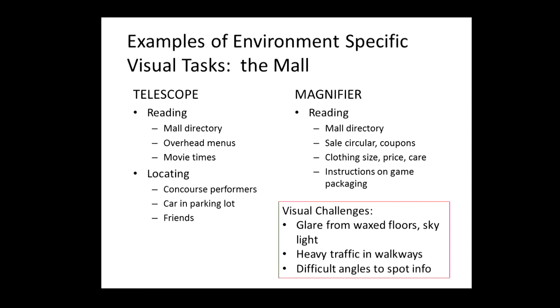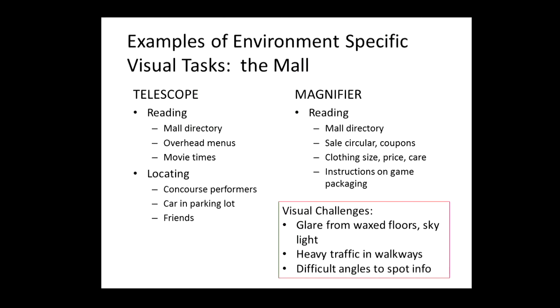Being able to look at movie times, overhead menu in the food court, locating a friend who may be waiting for you, or watching the performers in the mall commons area. All of those are examples of using a telescope.